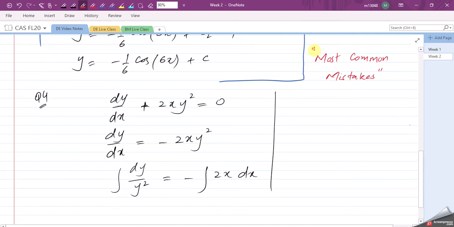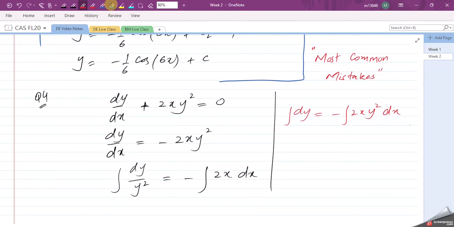So here is one most common mistake students make in this step. For example, they will shift something like this. Dy equals minus 2x y square dx. No, you cannot integrate like this. There is a y square here. There is a y square here. We cannot integrate. It is not equal to minus 2x square by 2y square.